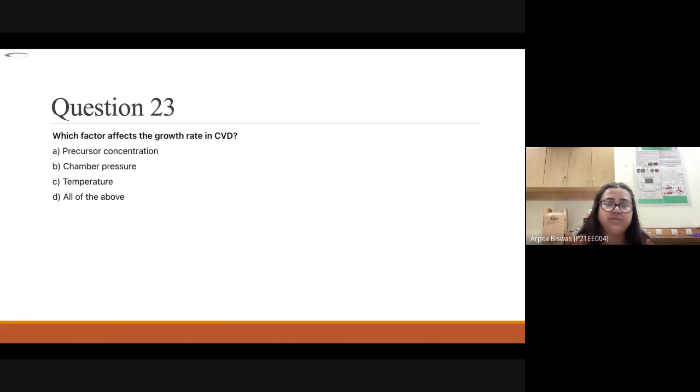Then this is question number 23. Which factor affects the growth rate in CVD?